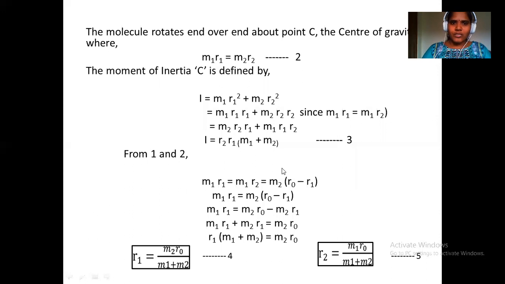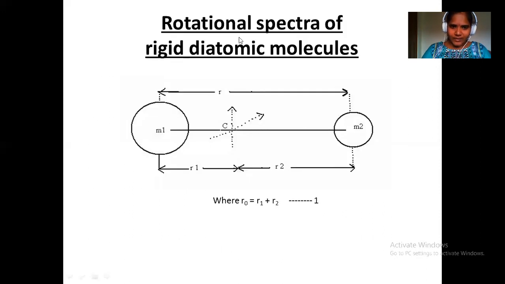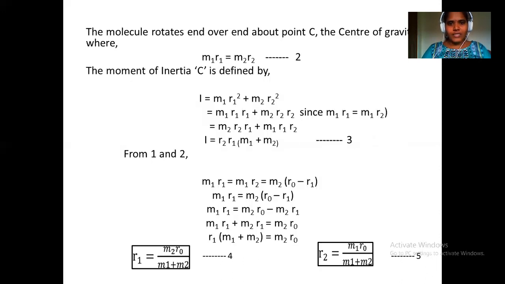The molecule is rotating end over end about the C-axis, the center of gravity, where you can write M1 R1 is equal to M2 R2. The product of mass and distance for one atom equals that for the other atom about the center of gravity.